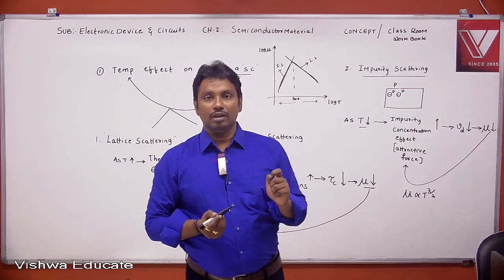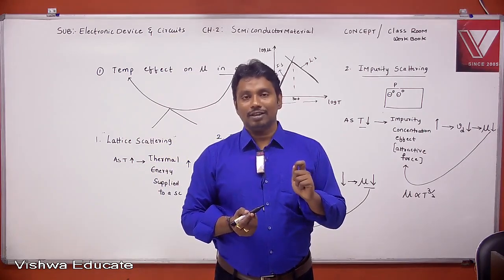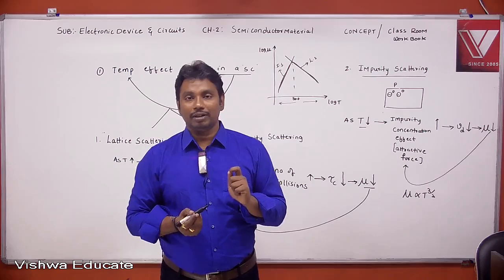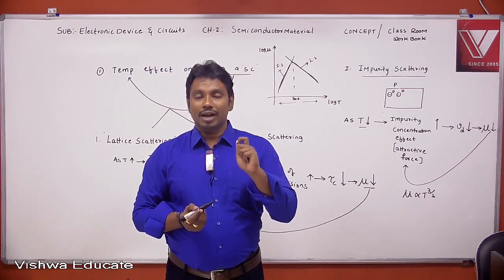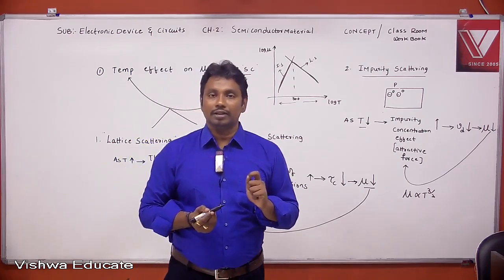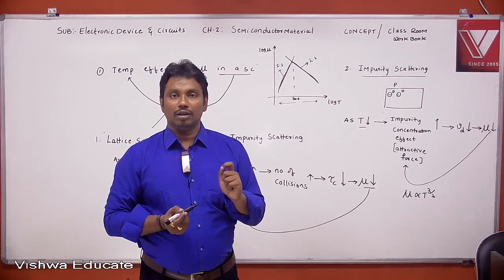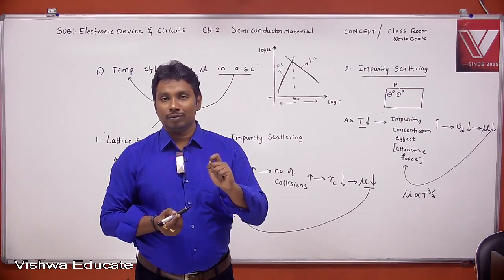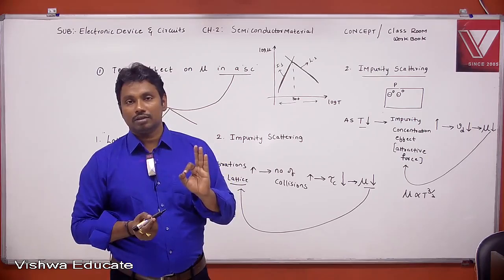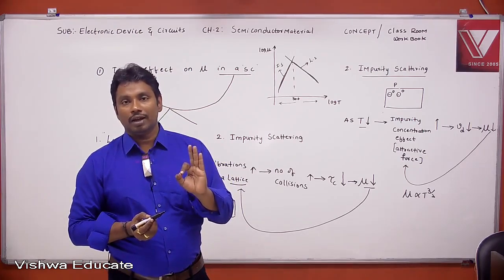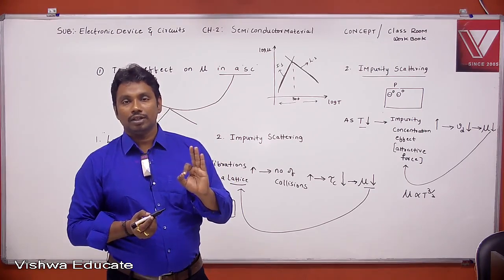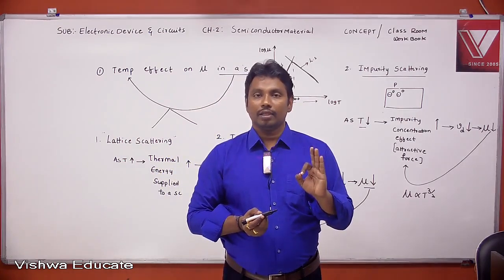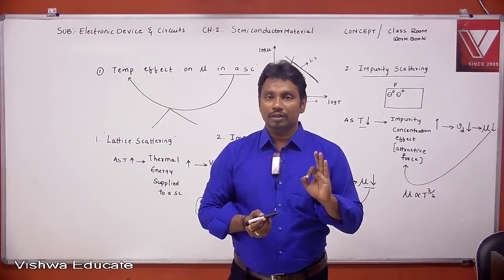When such charge carriers are passing through a semiconductor, these charge carriers experience an attractive force due to impurity ions, due to which the movement of the charge carrier decreases.